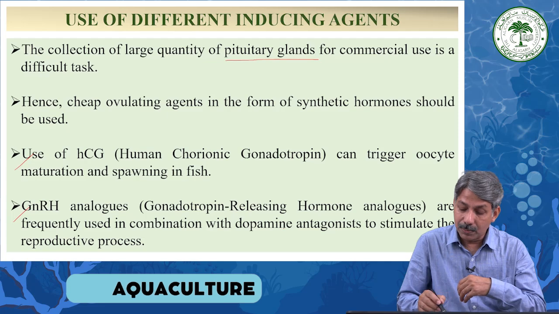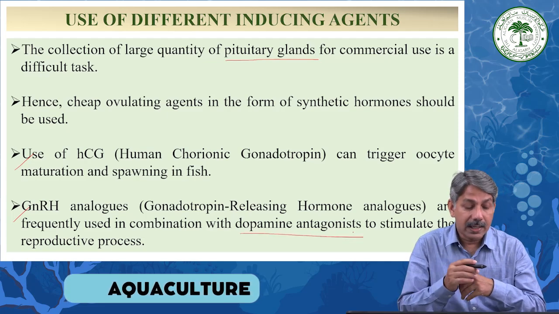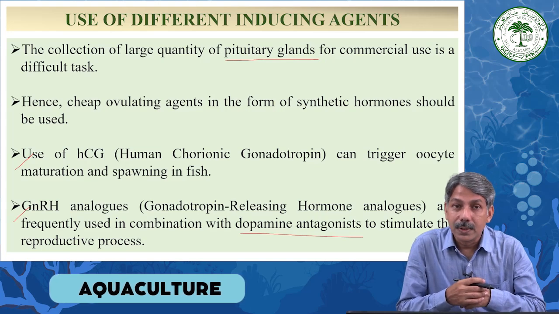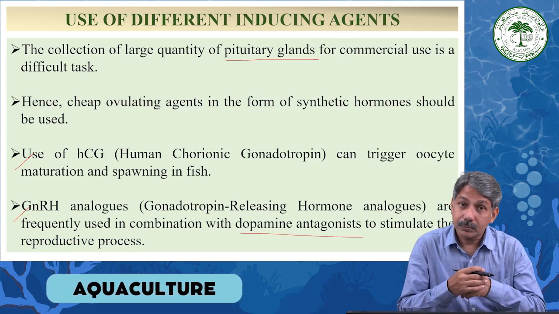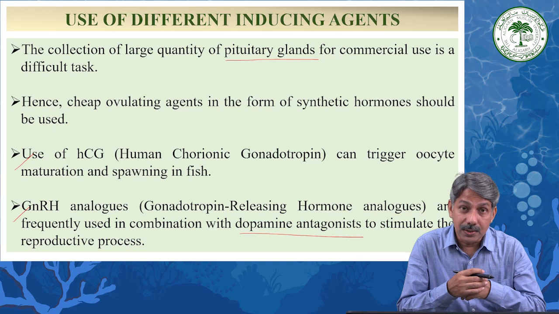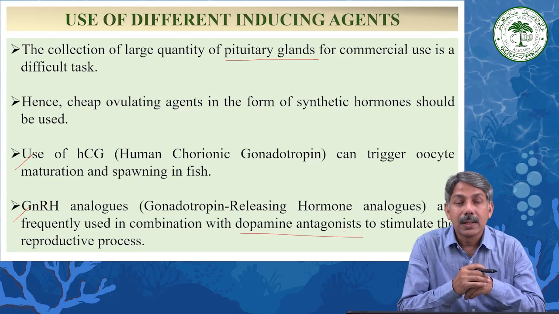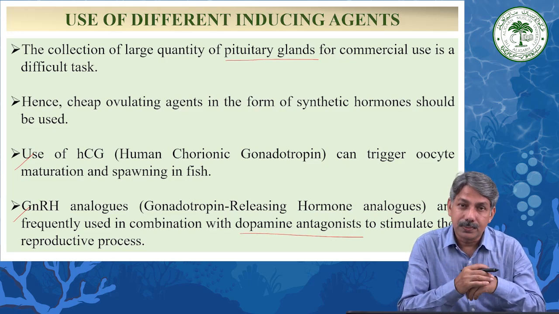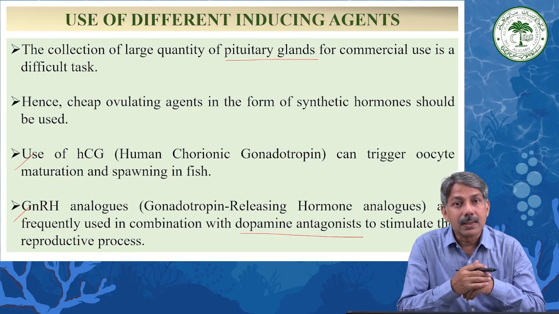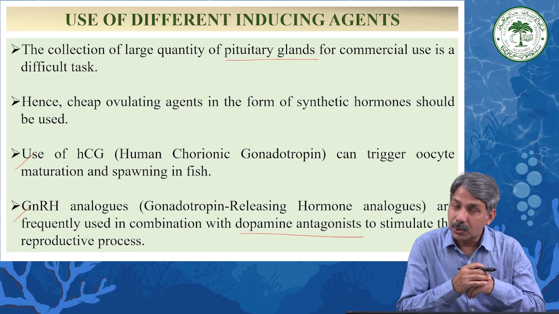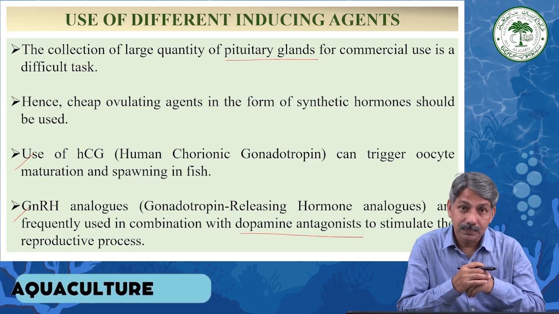They are frequently used in combination with a dopamine antagonist. I have shown you one diagram in one of the slides later regarding how GnRH acts. These dopamine antagonists are required because, if you remember a little bit of the physiology, environmental cues impact the hypothalamus for releasing GnRH.